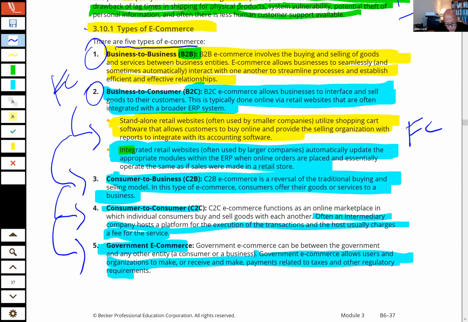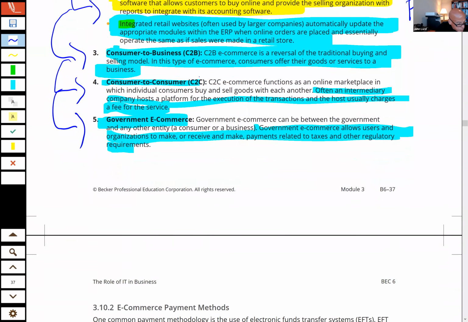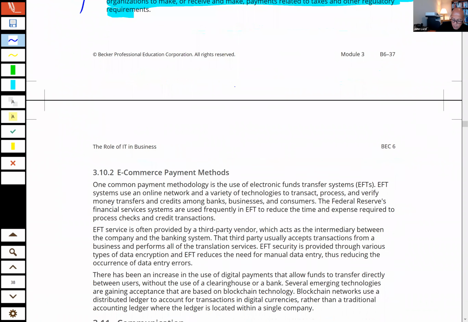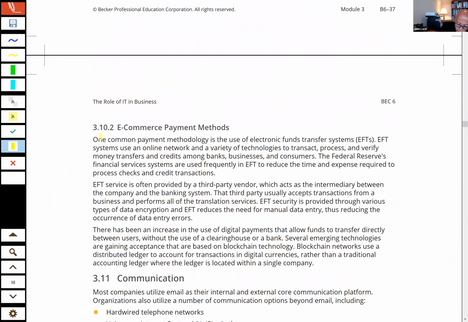Okay, good. Let's take a look at the next page, e-commerce payment methods. I think we're all aware of electronic funds transfer, and the Federal Reserve is the one that runs the EFT, and so you don't have to process checks anymore. You just have the funds transferred immediately from one entity to the other, and the Federal Reserve System kind of runs that whole thing.